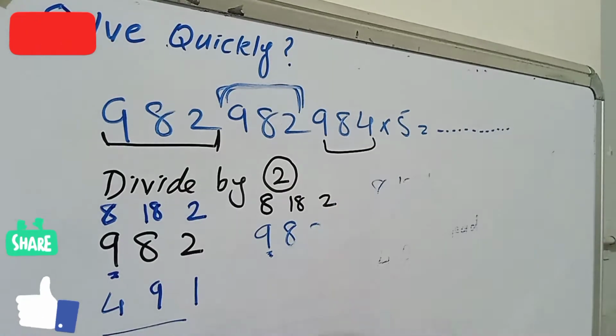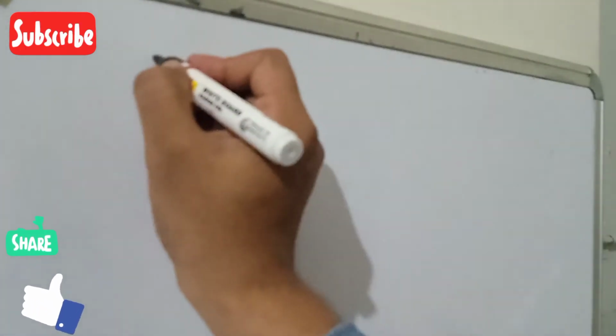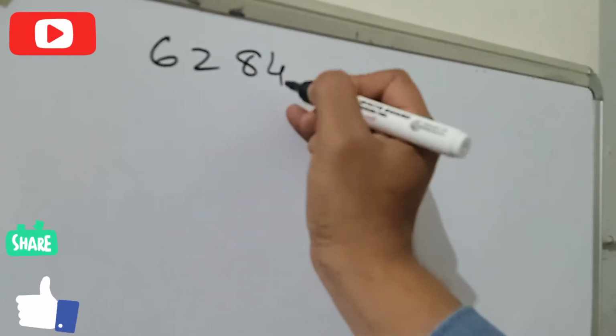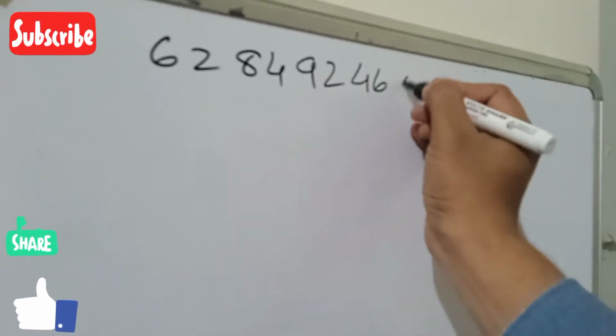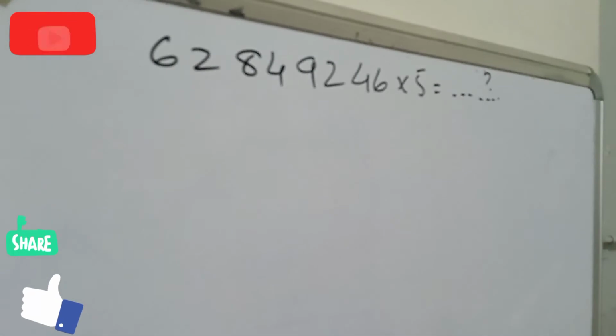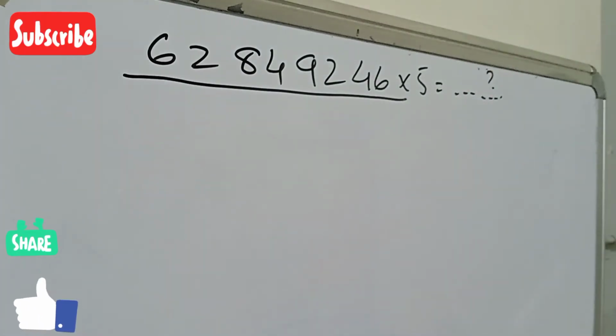If it is not clear to you, I will take the next example also. Next example, you can write down here: 62849246 multiplied by 5, we want to find out the number. Now I am again going to have this equation like that.